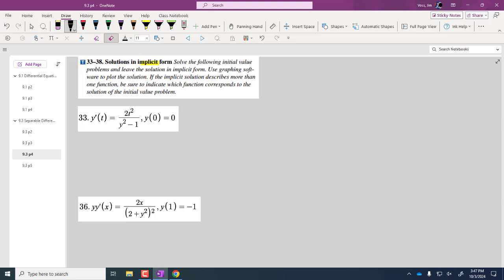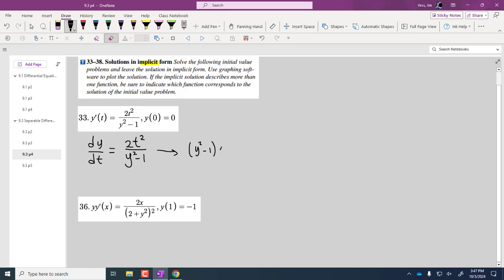This one we cannot. So let's take a look at it. So first off, this will be dy dt. We always go to the differential form first. We separate, so very easy to separate in this case. So there they are separated.